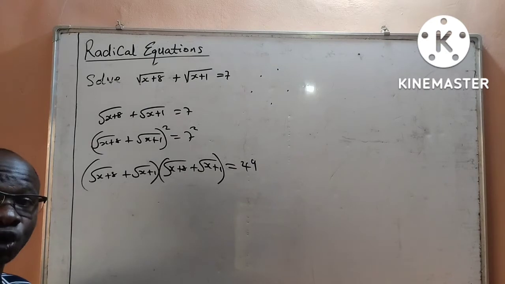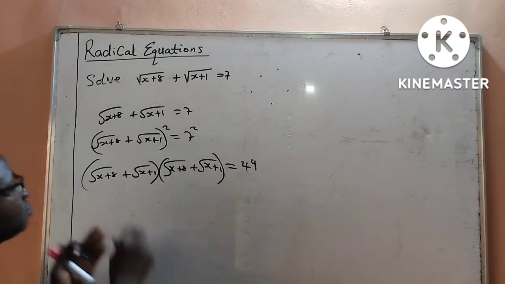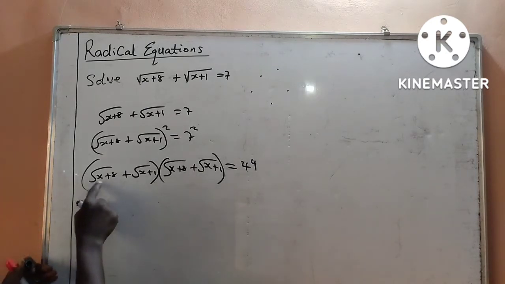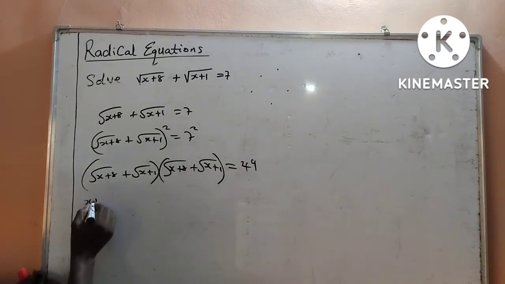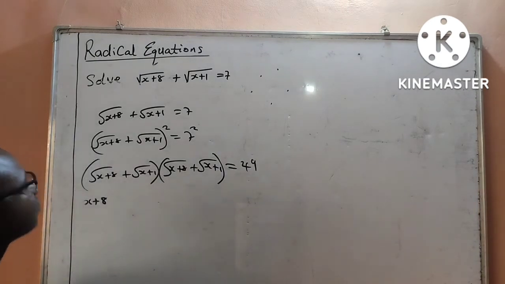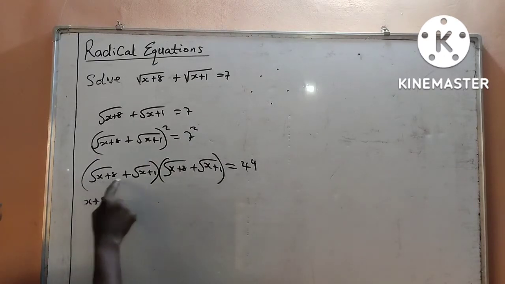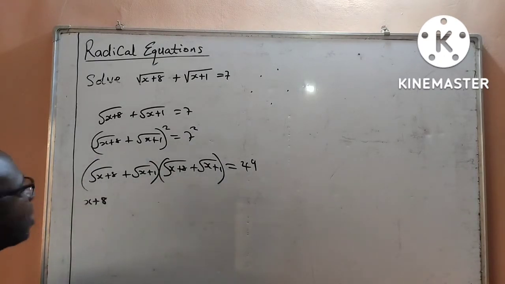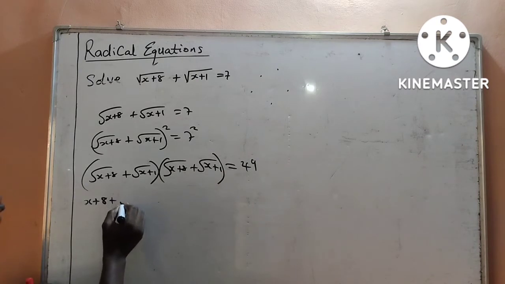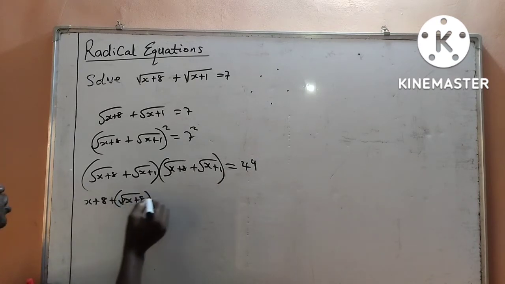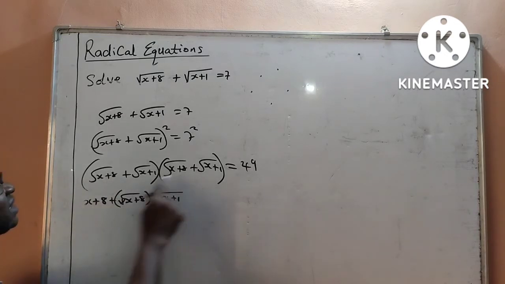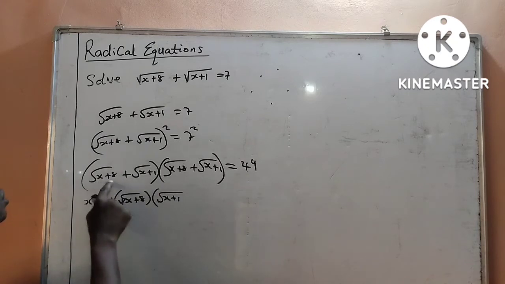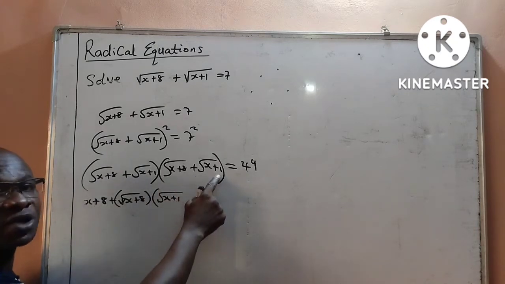Next step I will take is to open the brackets, that is multiplying the 2 brackets. √(x+8) times √(x+8) will give me x+8 as the result. Again, √(x+8) times √(x+1) will give me √(x+8) into √(x+1). I have used this to multiply this, I got this. I have also used the √(x+1) to multiply √(x+8).